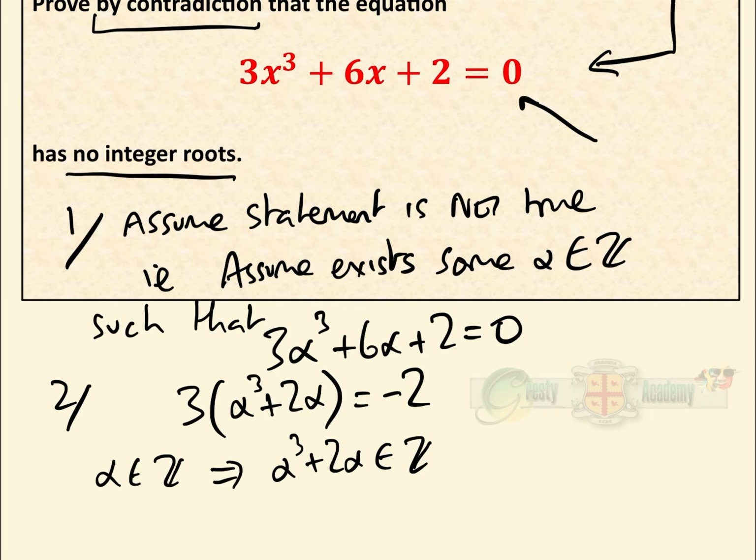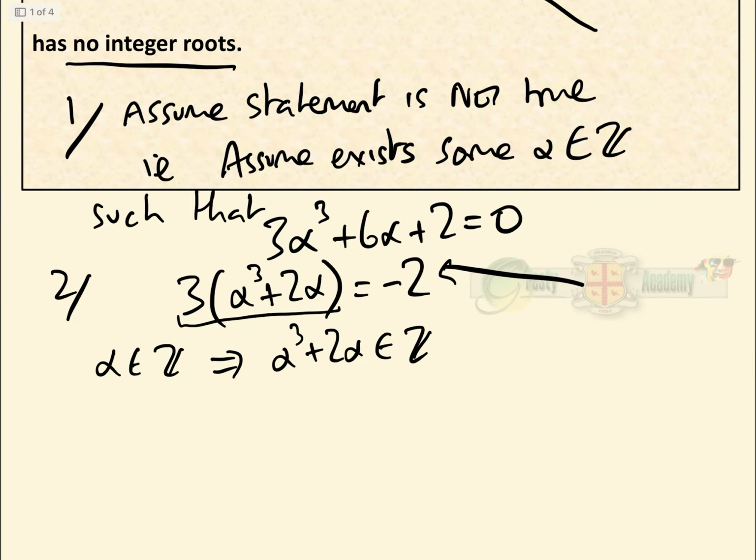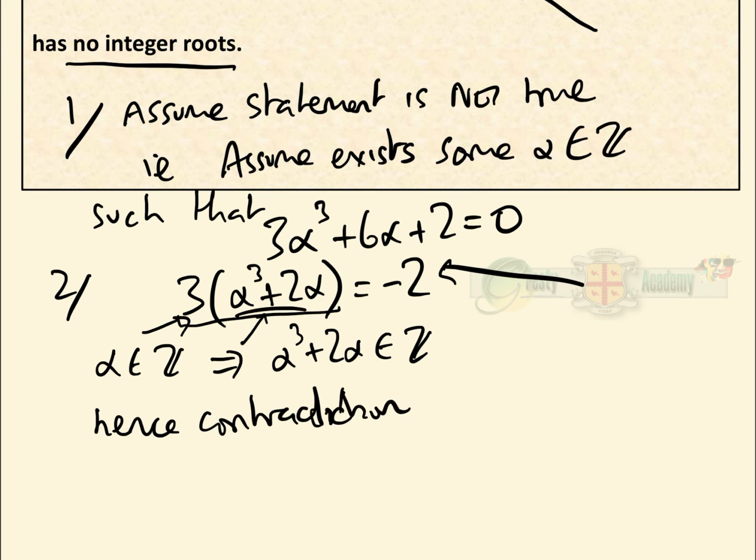And so therefore we have that 3 times (alpha cubed add 2 alpha) is a multiple of 3, but minus 2 is not a multiple of 3. Hence we have a contradiction, because it is impossible that 3 times something, given that that is an integer, equals minus 2.